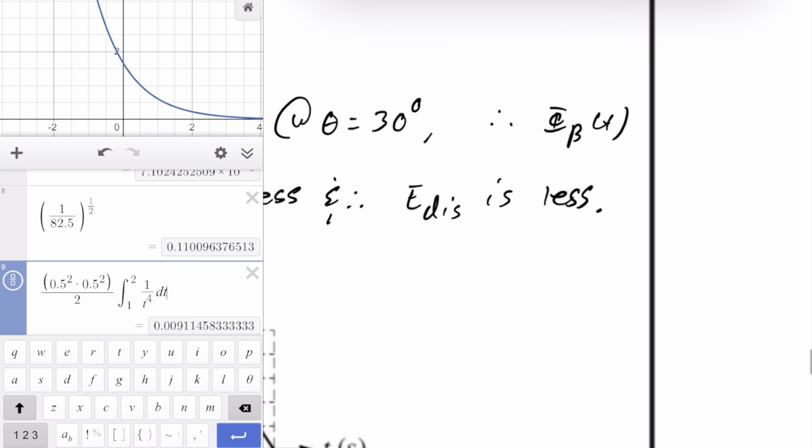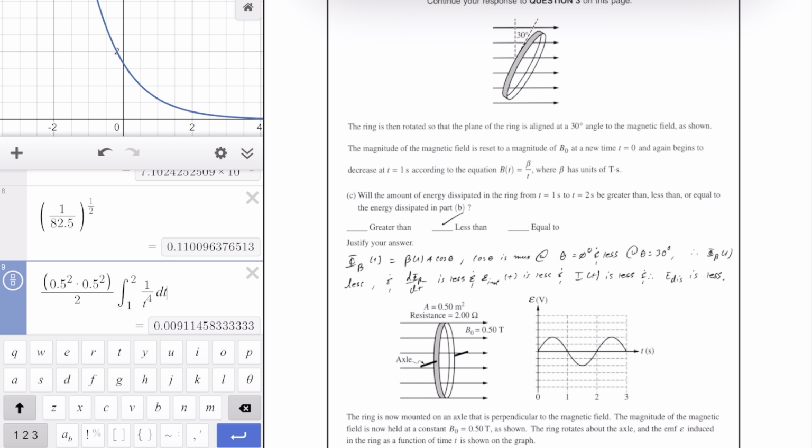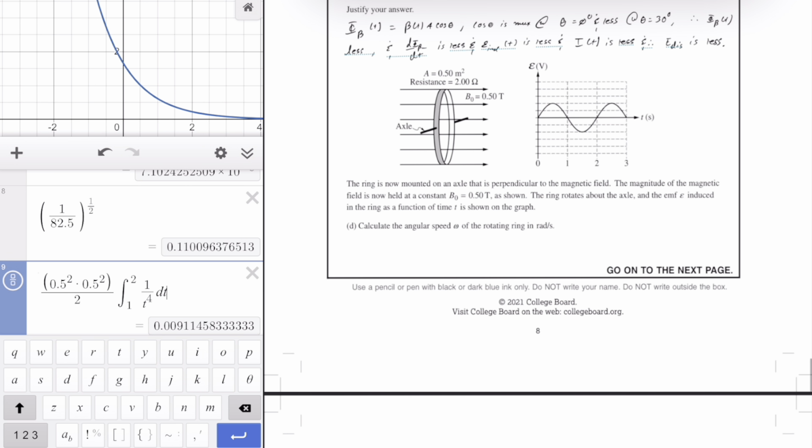Because if you have less current, then you have less dissipated energy, right? Because I have less magnetic flux overall as a function of time, I have less of the derivative, and I have less of the induced voltage. I have less of the induced current then, and then I have less of the electrical energy if I have less current. So there we go.